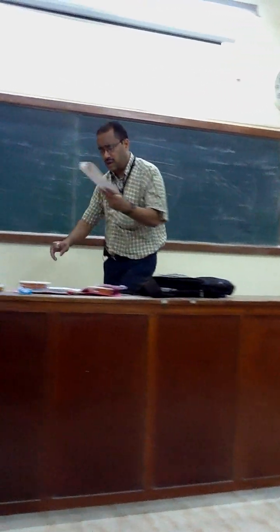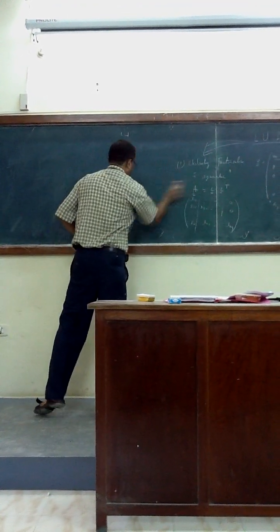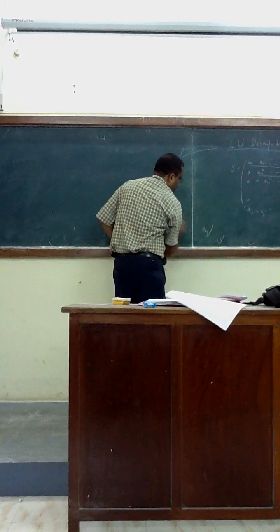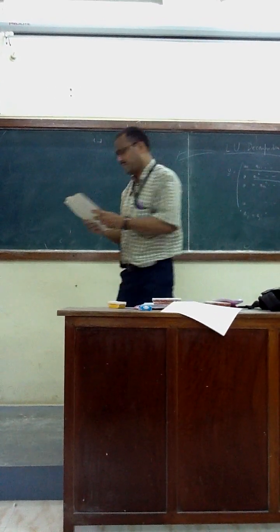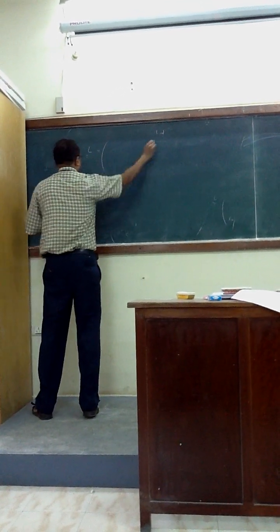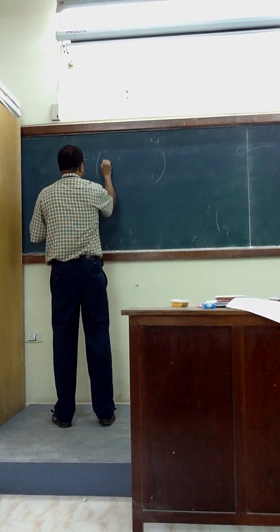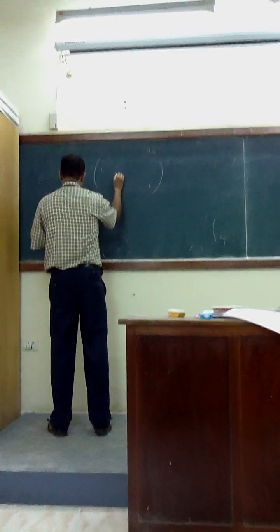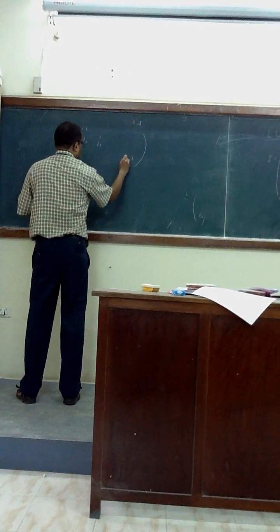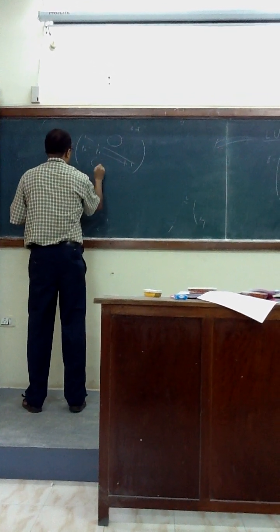That means before ending, I will give the L matrix, which is 1, 1, 1, with beta 2, beta 3, and beta n, and all others are 0.